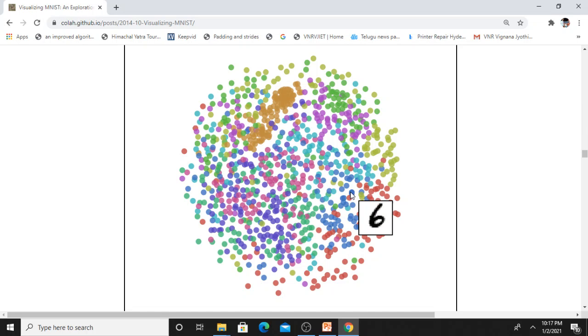Where is my six? All my sixes are mostly here. So this gives me a lot of intuition on how the data is in the 784 dimensional space. So this is the final outcome after running t-SNE.